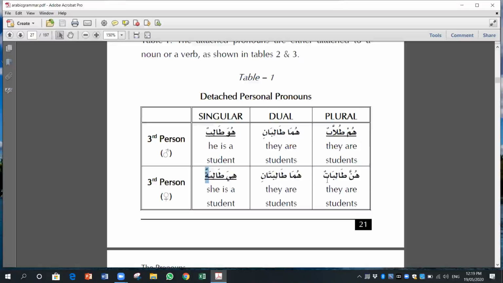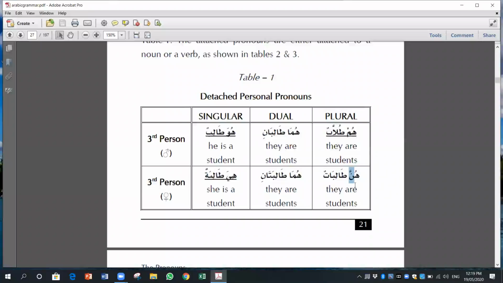And hunna is the plural for female. If we want to say they all are female students, we will say hunna talibatun. They all are female students.